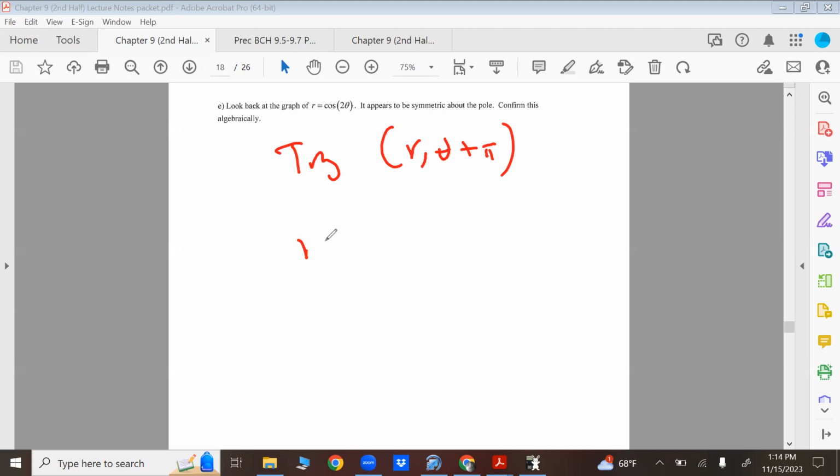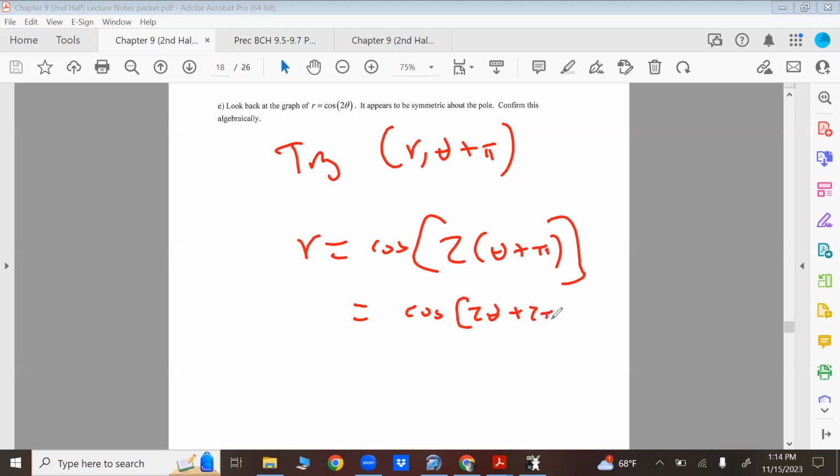If I do this, r equals cos 2 times theta plus pi, then you get cos 2 theta plus 2 pi, which of course, 2 pi goes around.